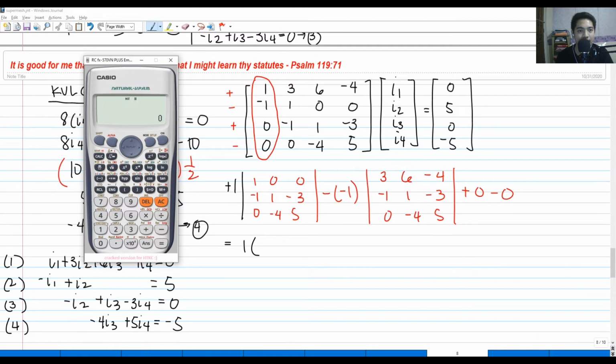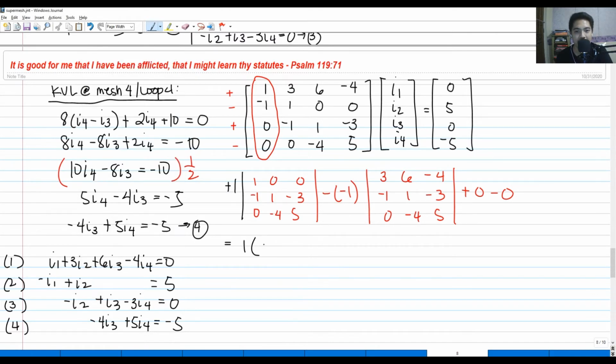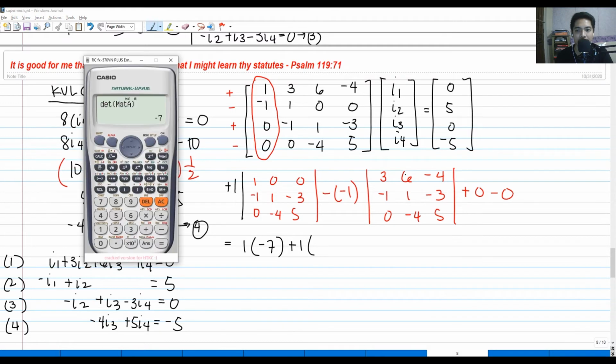The matrix A was already stored, so we have the determinant of the matrix A. We have negative 7. So this becomes negative 7. Negative times negative becomes plus 1 multiplied by the determinant of this one.